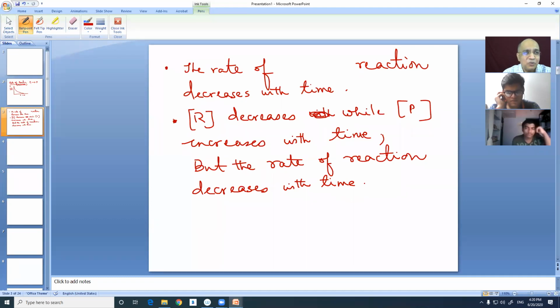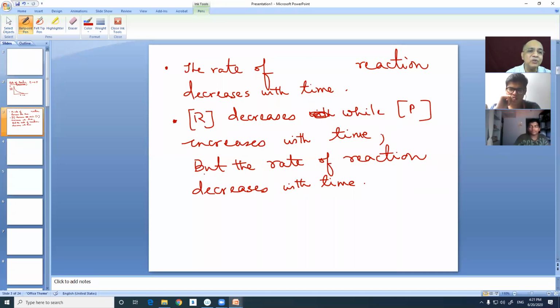That means we want to say that the time rate of increase in the product concentration decreases. Therefore, rate decreases. Rate is nothing but the change in the concentration of either reactant or product at a particular instant.